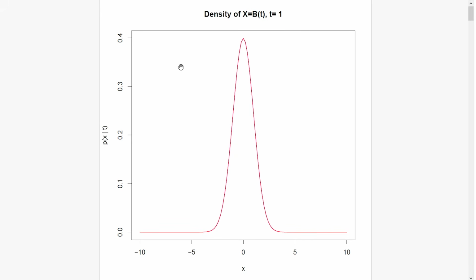The notation symbol here is we're using x now instead of y, and we're considering the initial value of the Brownian motion being 0. If we increase time, then this normal density drops in the middle and it increases far from the middle.